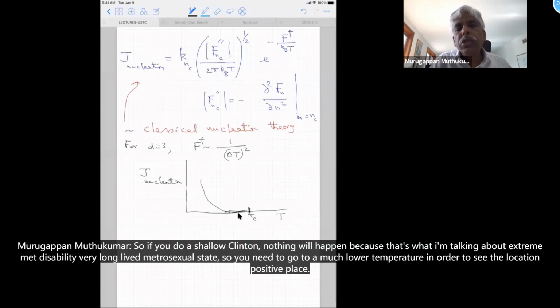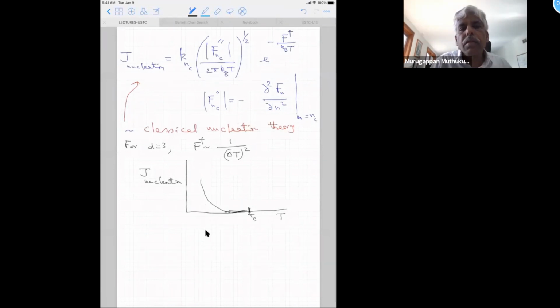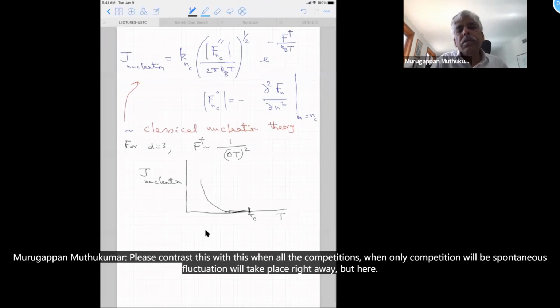So if you do a shallow quench, nothing will happen because that's what I'm talking about, extreme metastability, a very long-lived metastable state. So you need to go to a much lower temperature in order to see the nucleation process take place, right? Please contrast this with spinodal decomposition. In spinodal decomposition it will be spontaneous. Fluctuation will take place right away.